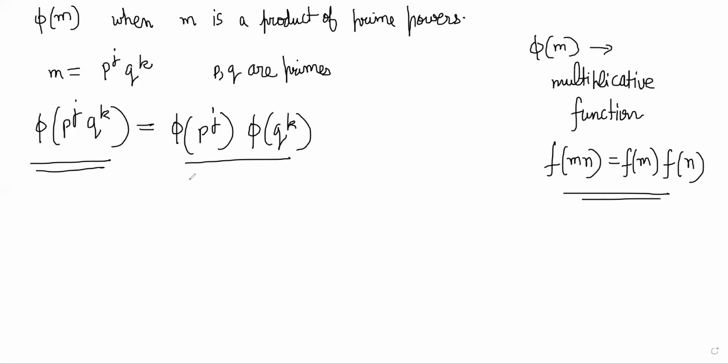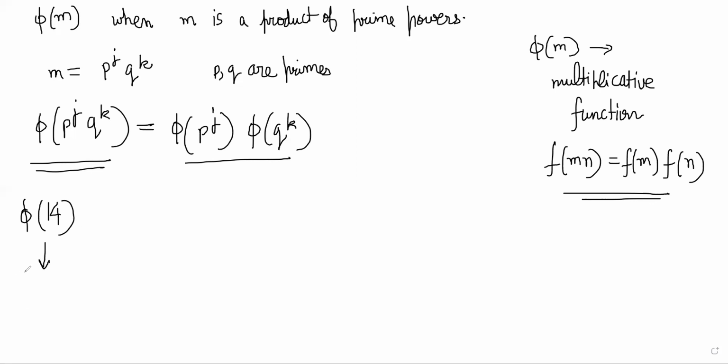For now, let's just check it for some small values and confirm whether it holds, and then we'll try to prove it. Let's say you want to find phi of 14.